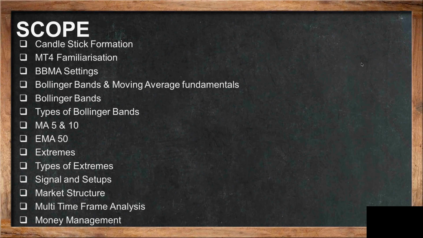If we have time, we'll talk about market structure, but we will be talking about multi-time frame analysis towards the end, or in between. If I see a good market, then maybe we can do a live trade instead. And towards the end, if we have some time, we'll talk about money management.